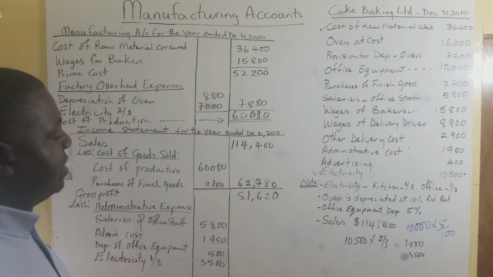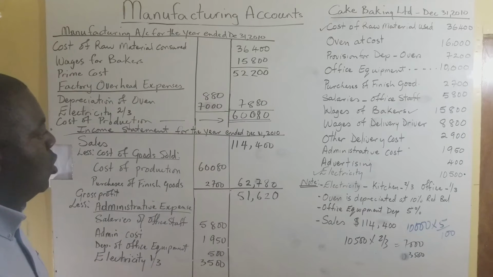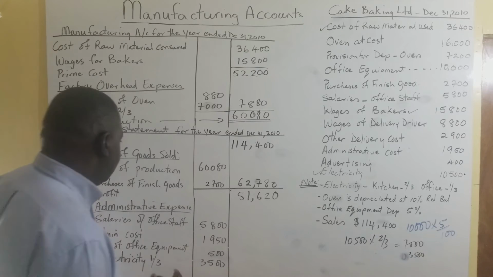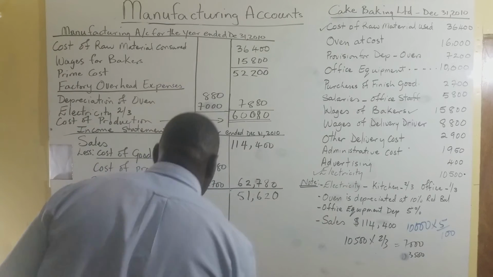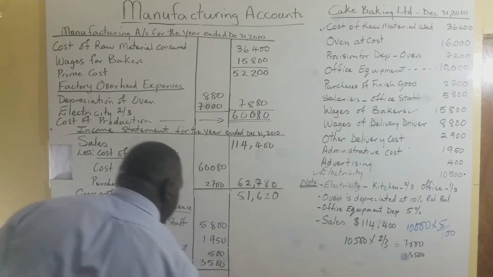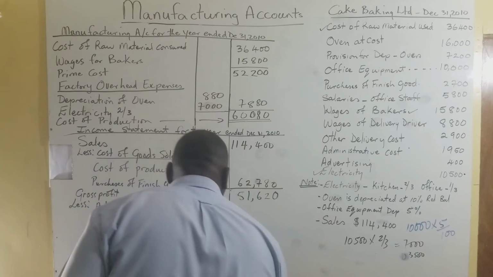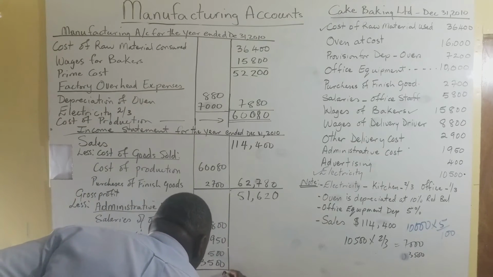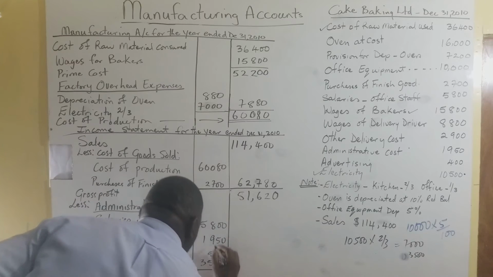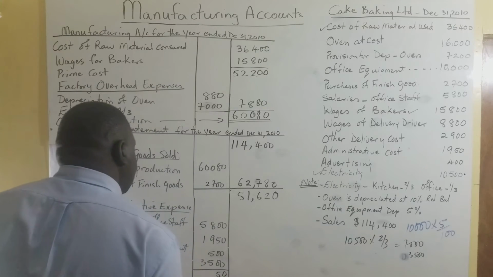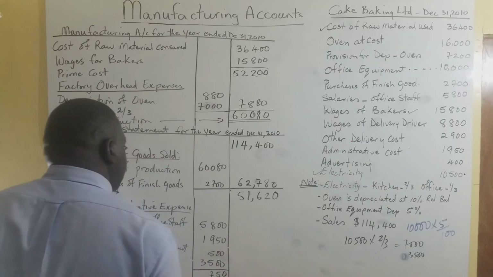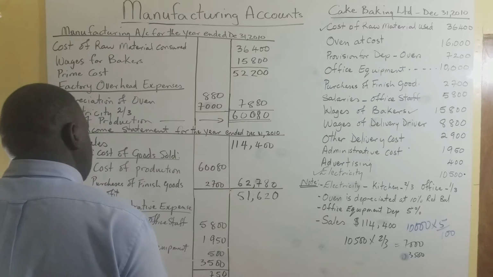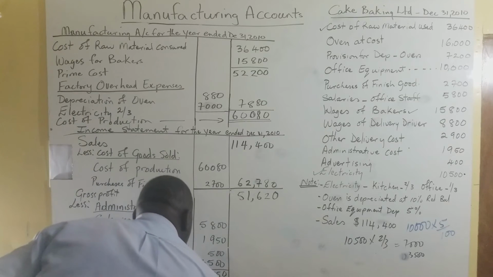All right, so we would have considered all those relevant expenses relating to the administrative expense. All right, what's the total here? Let's see if we can get the total here. That would be 10,1927, yes, 27, 8, yes, 9 and 2, 11.